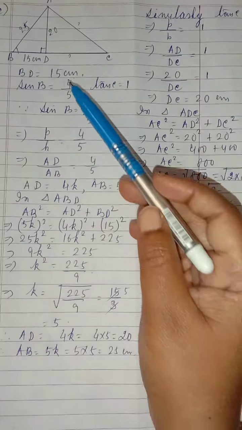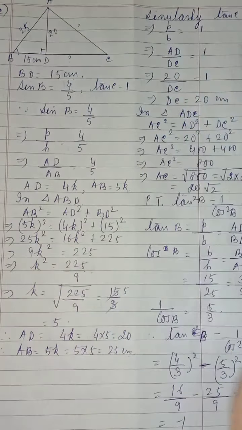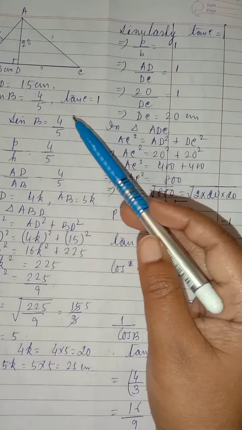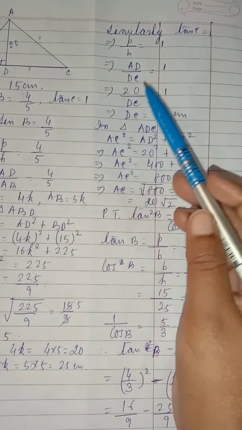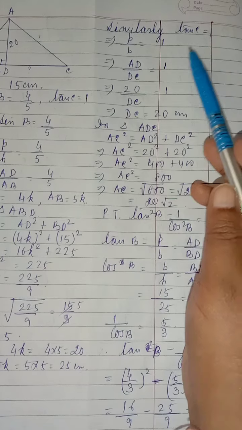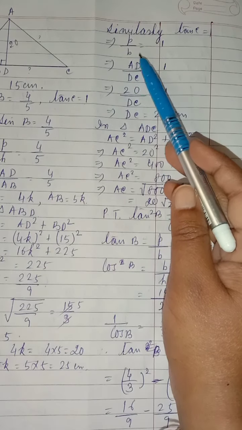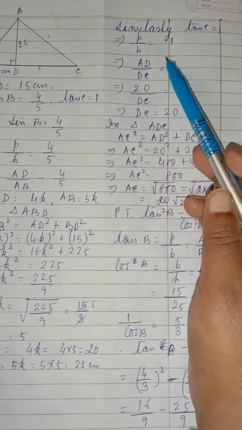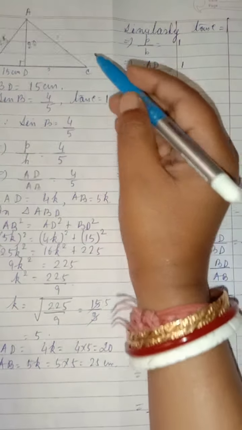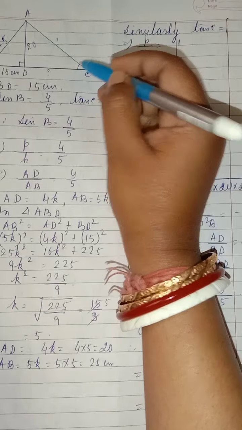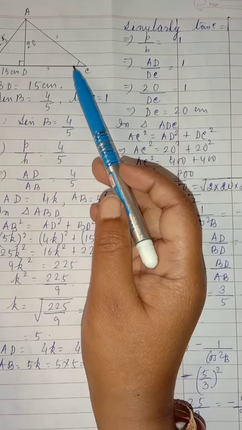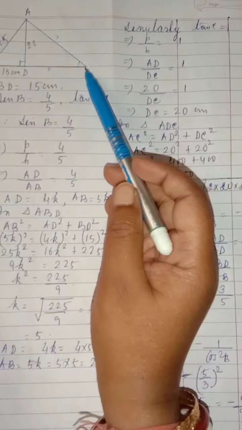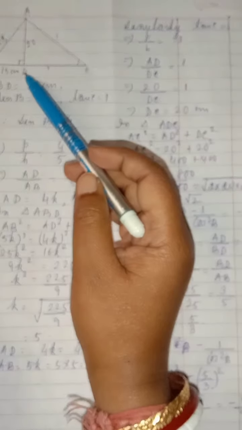Now still two more sides are there to find, and it's given that tan C is equal to 1 in the question. So similarly, tan C is equal to 1, and the tan formula we know is perpendicular by base. So perpendicular by base is equal to 1. For angle C, perpendicular means the side opposite to the angle C, so it's AD.